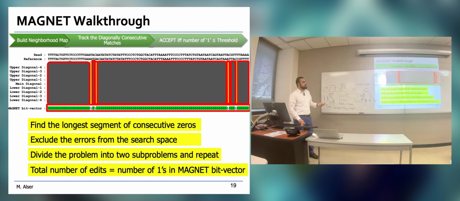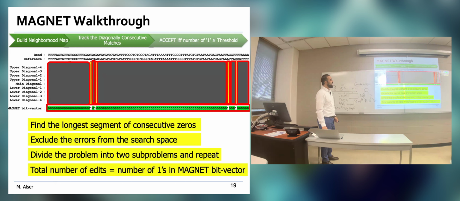Whatever we have as ones over here, it is the answer that we are looking for, which is the approximated edit distance. Okay, and then we compare it with the edit distance threshold. If this is greater than the threshold, it means this is wrong, right? Just ignore it. We don't need to do the dynamic programming table. If it is less than or equal to that threshold, then we should perform that operation. All right?